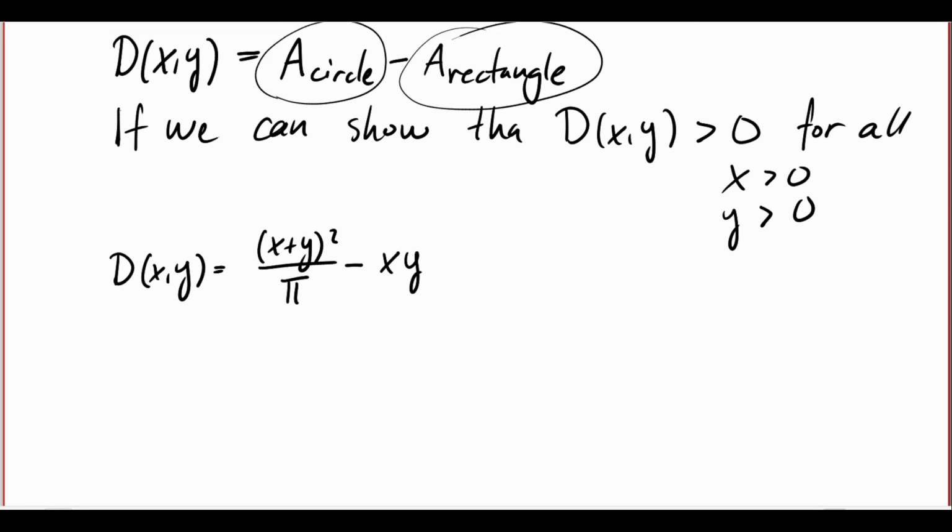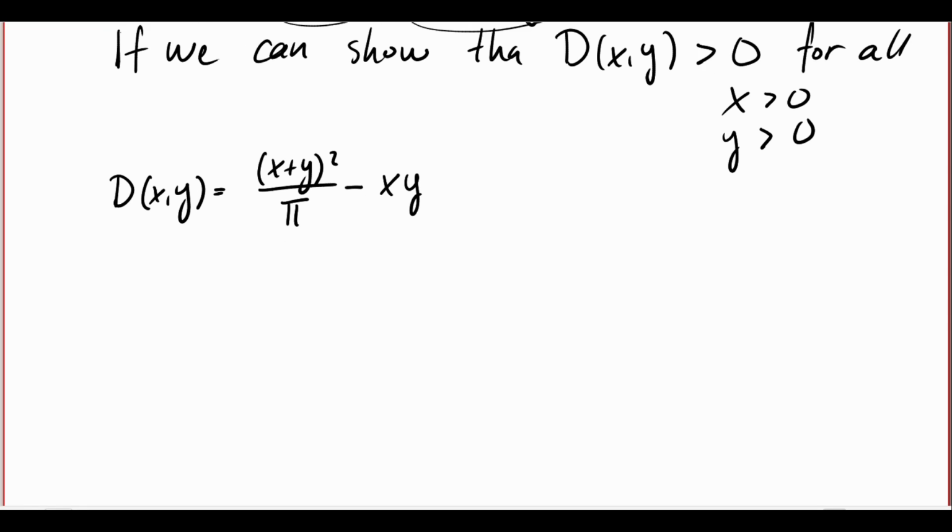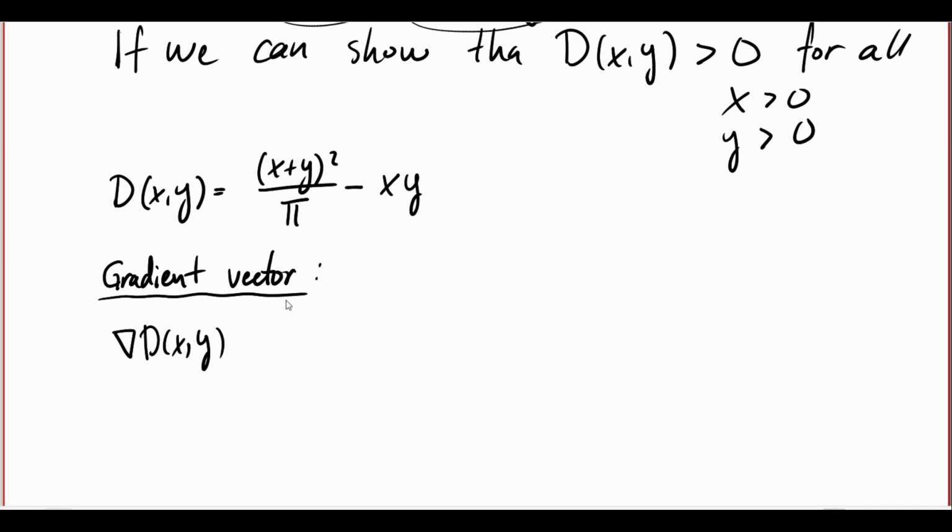Our next step is to compute the gradient vector in order to find the critical point. So I write gradient vector. The gradient vector, I write this upside down triangle, the gradient vector of d of x y, is the same as taking the derivatives with respect to x and then with respect to y.